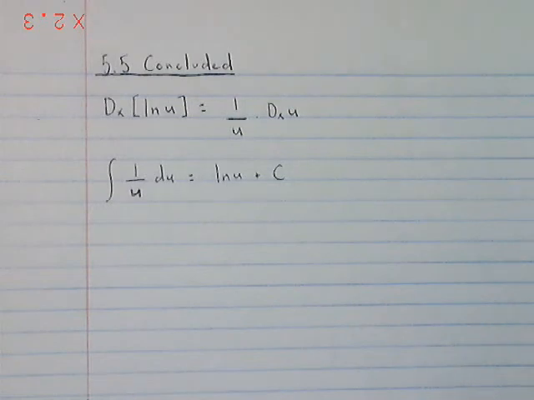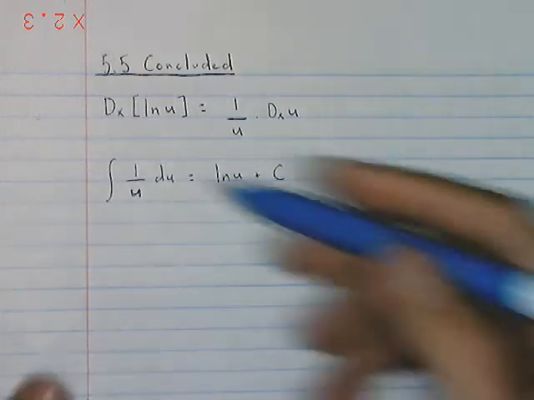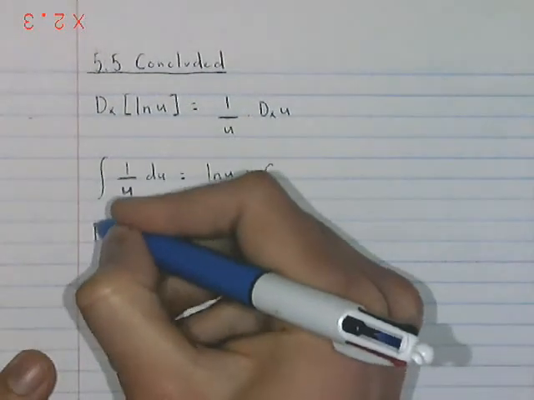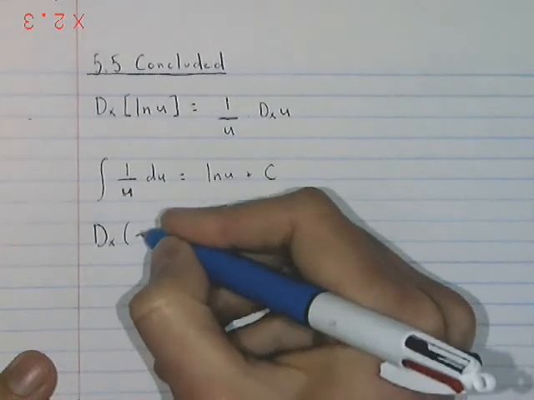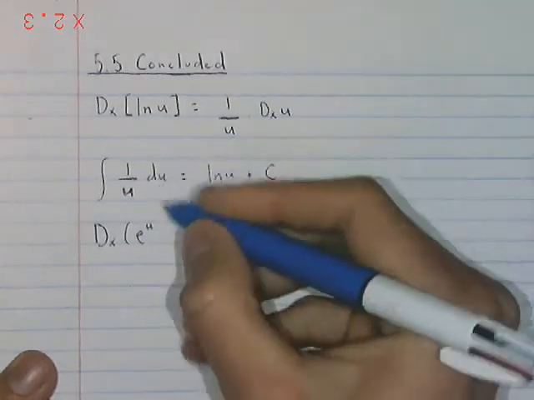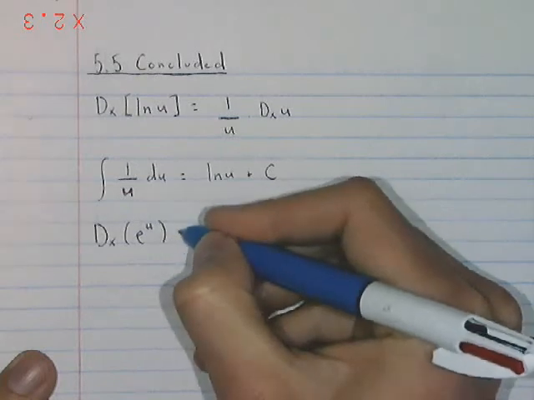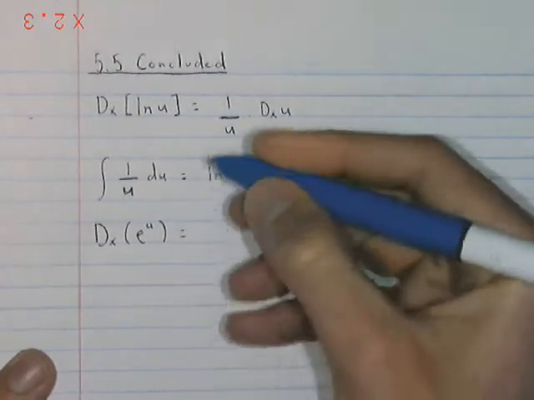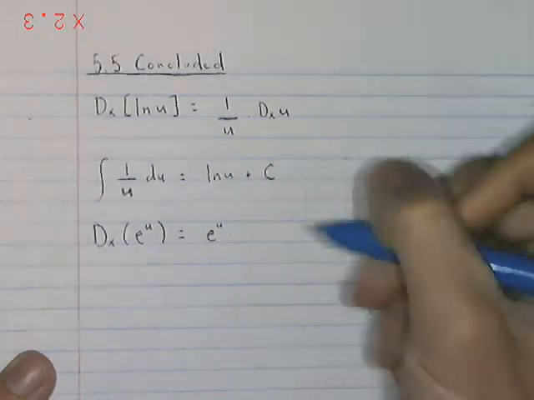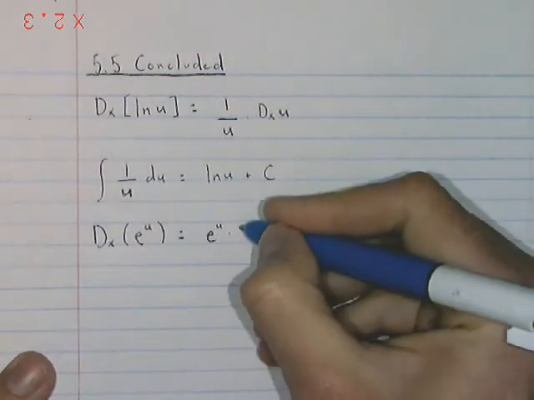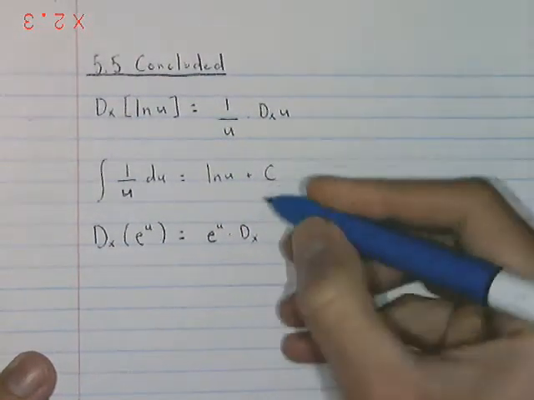And we stumbled upon this incredible fact that the derivative with respect to x of e raised to some function u of x, incredibly, is itself. Of course, with some chain rule in there, e to the u times the derivative of u.